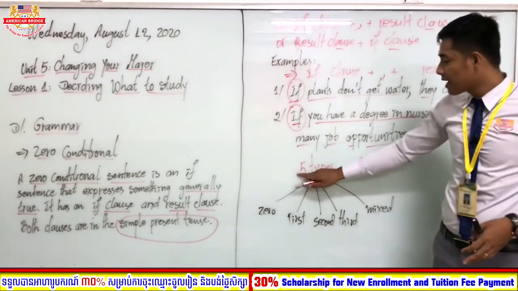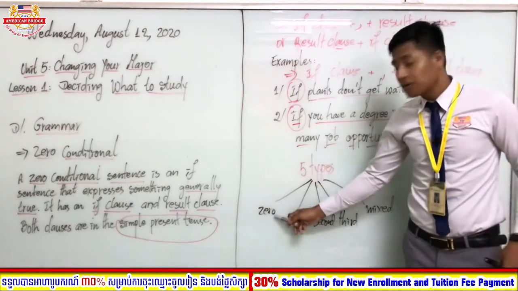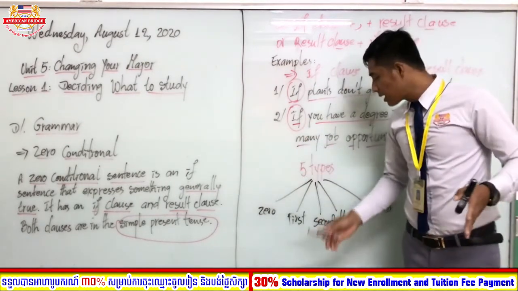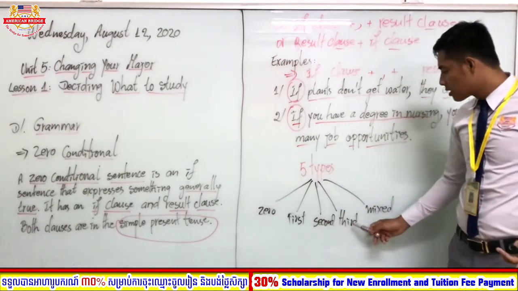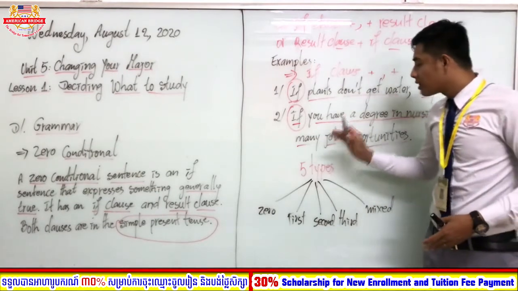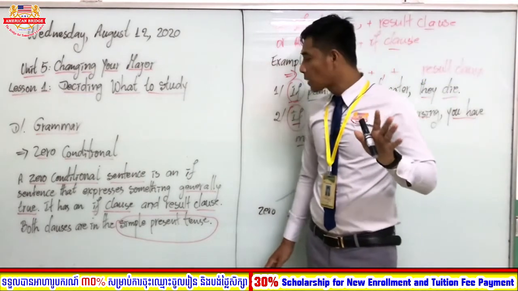There are 5 types of conditional sentence in English. The first is zero conditional, the topic that we learned today, and first conditional, second conditional, third conditional, and mixed conditional.